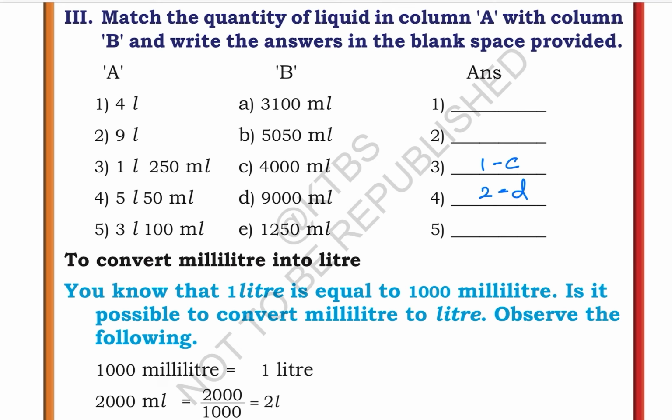Are you getting what I am writing? See, number 3, 1 liter 250 milliliter. Just convert 1 liter to ml because 250 is already in ml. 1250 ml. This one is 1000 ml. Add 250 to 1000, 1250 ml. Third one is E.